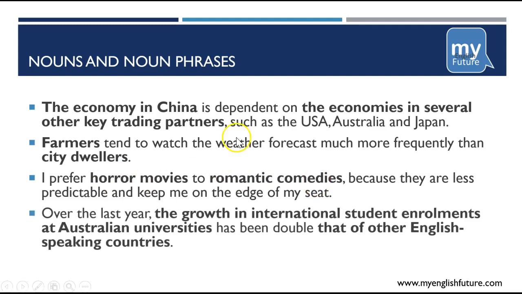Over the last year, the growth in international student enrolments at Australian universities has been double that of other English-speaking countries. Oh my gosh, this noun phrase is so long. 1, 2, 3, 4, 5, 6, 7, 8, 9 words for one noun.